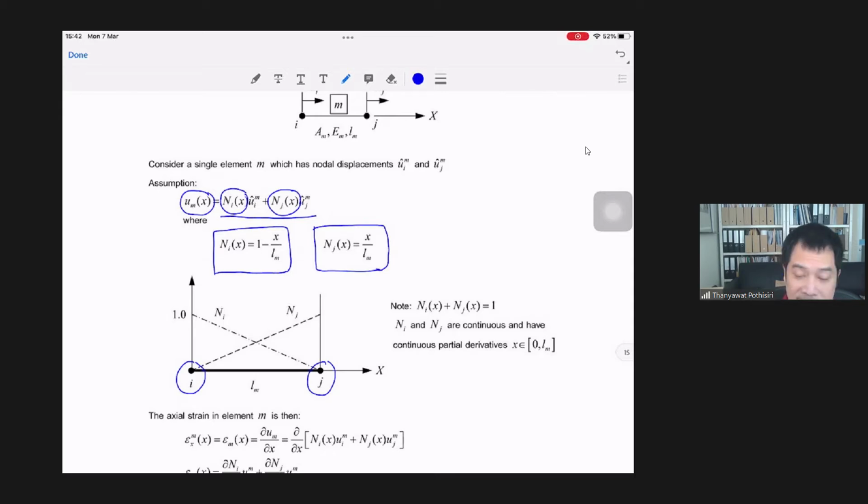The first one is that Ni is equal to 1 at node I and equal to 0 at node J. While if you look at Nj, you will see that Nj is equal to 1 at node J and equal to 0 at node I.